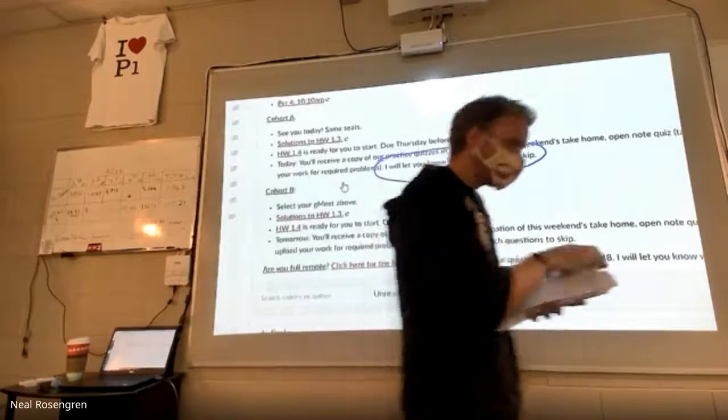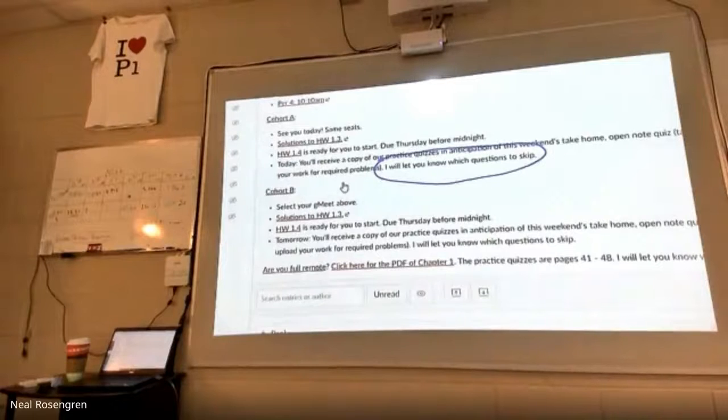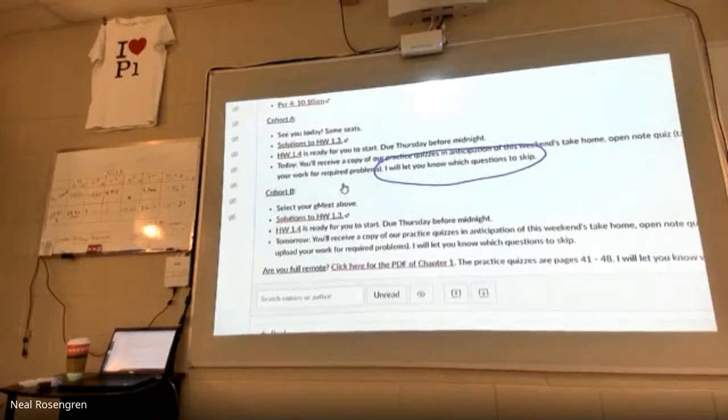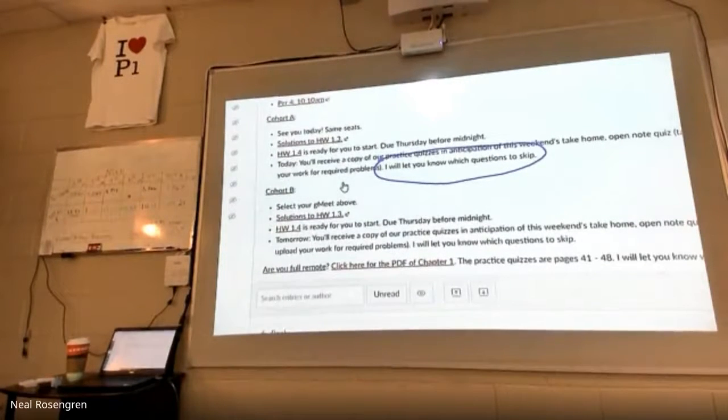So I'm going to give this to you now, but this is not something you have to do. It's something you can do. I would suggest that you at least do the graphical kind of thing, because it's been a week since we've done this. So there are 2 practice quizzes in here. I will put the solutions to these quizzes up on Canvas as well.